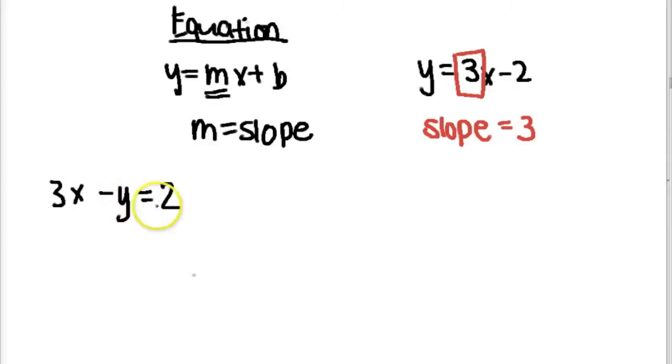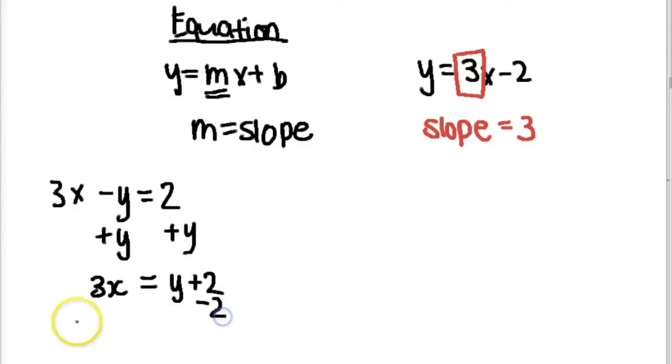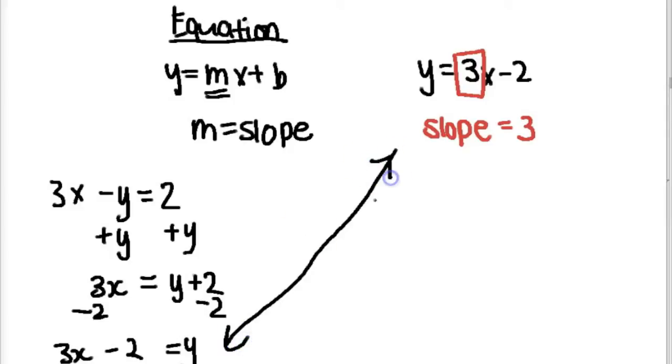Well, then you're just going to convert the standard form to the slope-intercept form. So first you can add y to both sides of the equation, and you get 3x equals y plus 2. Then you're going to subtract 2 to get y equals 3x minus 2, which is basically what we got right here. It's the same thing, just written backwards. But once again, you see that the slope is 3.